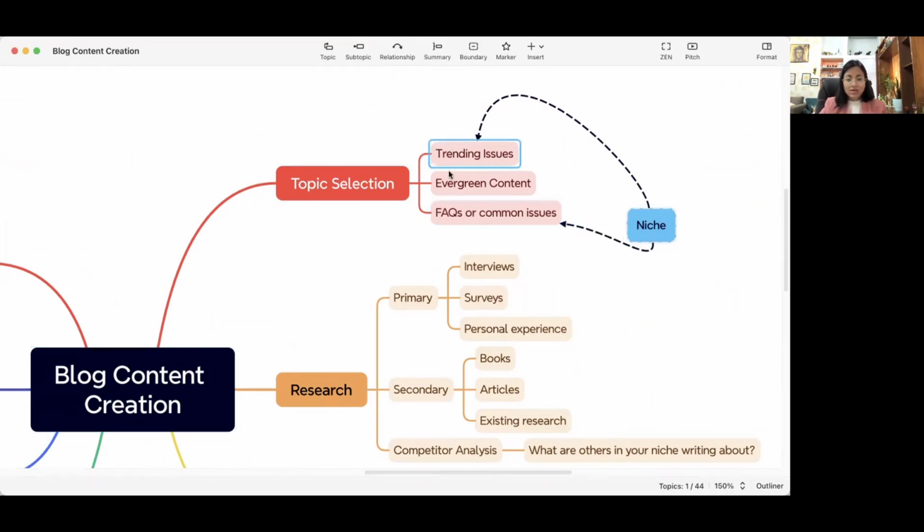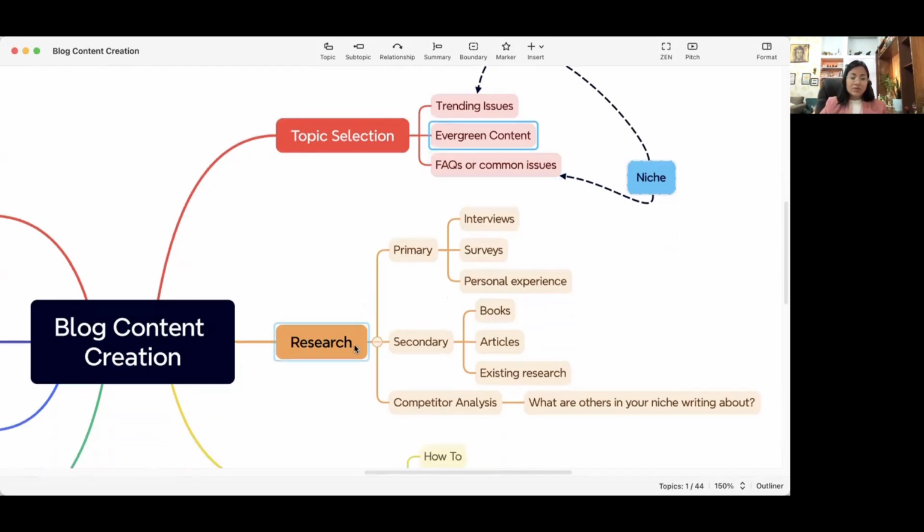So those two are definitely going to be there when you select your topics. Another one could be any evergreen content. Some content is always relevant, whether you are from that niche or not, and you can always write that kind of content. So some kind of topic selection or theme selection you do broadly for your page.